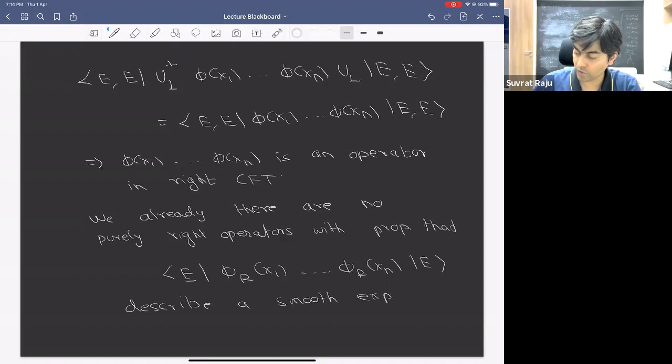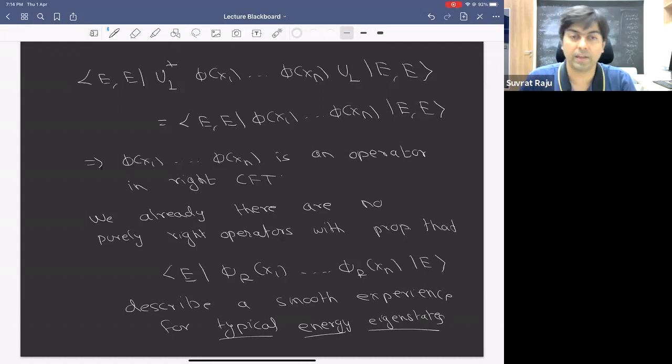This was the paradox we discussed yesterday. So once again, this is a question of typical energy eigenstates. There could be operators which describe a smooth experience for atypical energy eigenstates, but for typical energy eigenstates, we know you cannot find operators in only one CFT which describe a smooth experience.